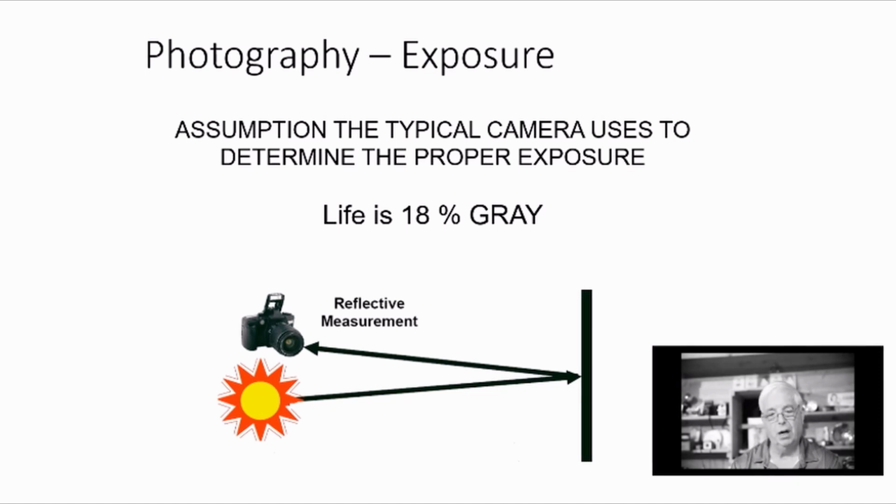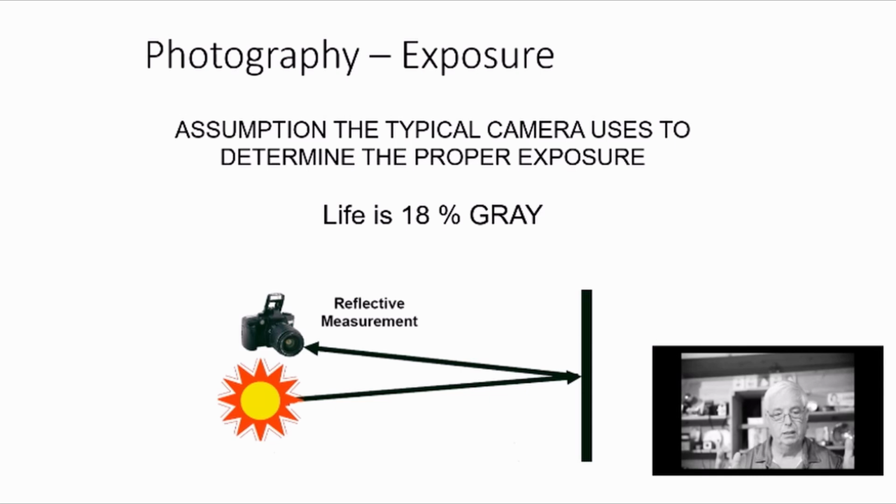Now, there are other ways to meter, such as measuring the light source, called incident, but generally our cameras are doing reflected light. So what is the quantity of light that reaches your sensor?